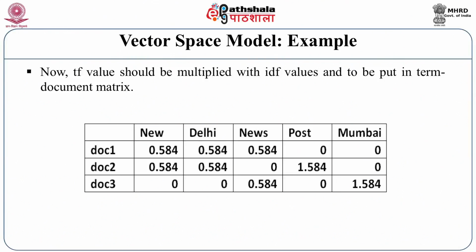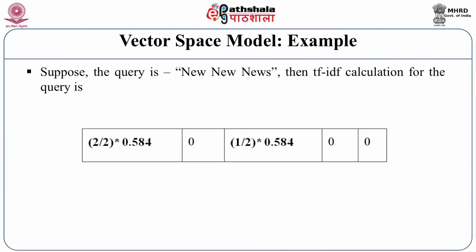Document 2 for the term New is 0.584, and likewise. Now I am calculating the query value. Suppose my query is New News.